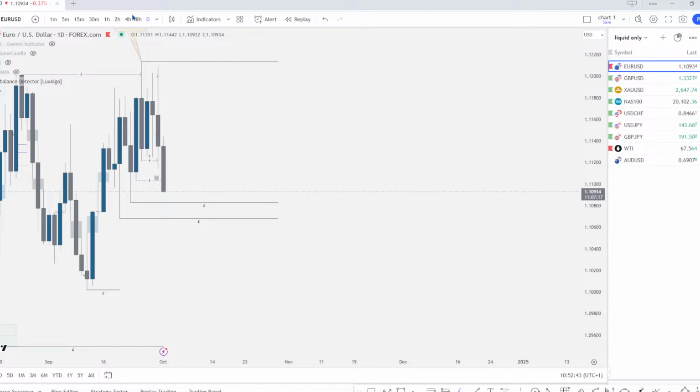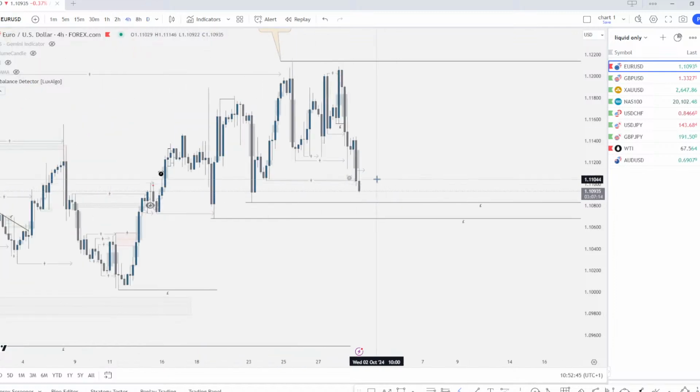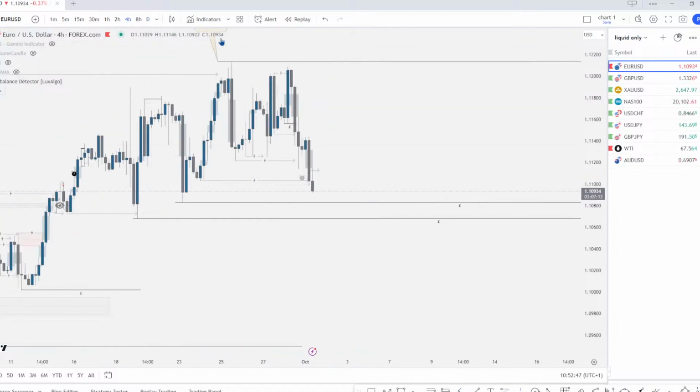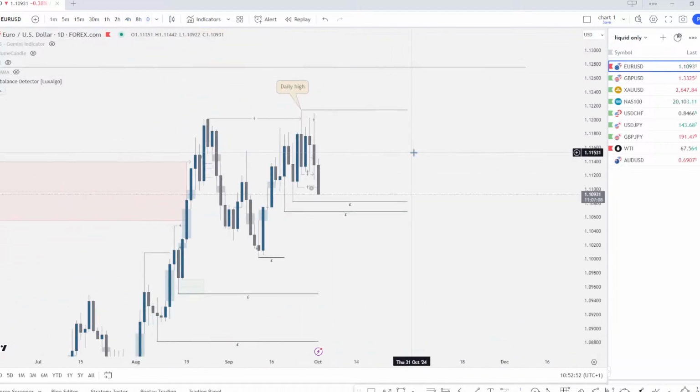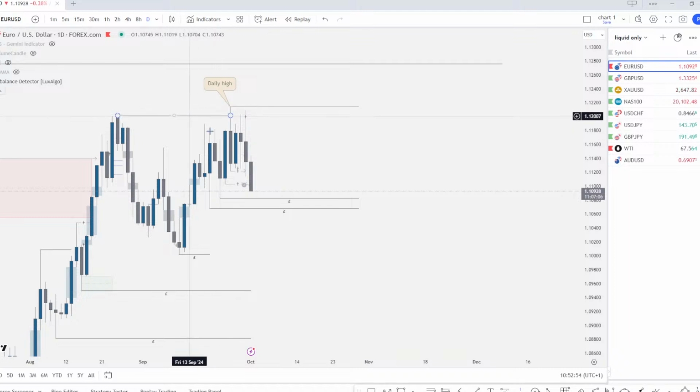We were also talking to you guys about Euro. So remember here, it took out the previous high. We had this daily low and this daily low. We said that generally, if we're running highs, we will consistently take those highs. We'll expect those highs to consistently be taken.